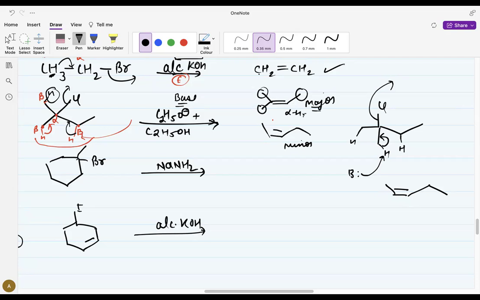How many alpha hydrogens are here? 3 + 3 + 3, 9. Here the alpha hydrogens are 3 + 2, so here how many? 5. So this one is our major, this is our Saytzeff product, and this one is the Hofmann product.